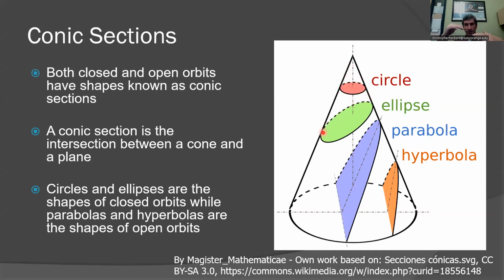If I tilt it a little bit at an angle, it'll form an ellipse. If I tilt it even more, it'll become a parabola. And with the greatest or most vertical inclination, it becomes a hyperbola. So all these shapes, we call them conic sections because we can create them by simply taking a slice through a cone.